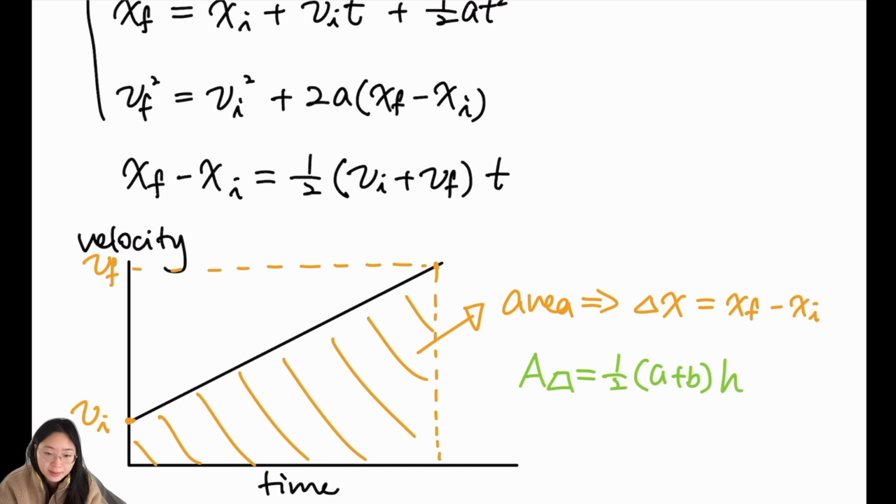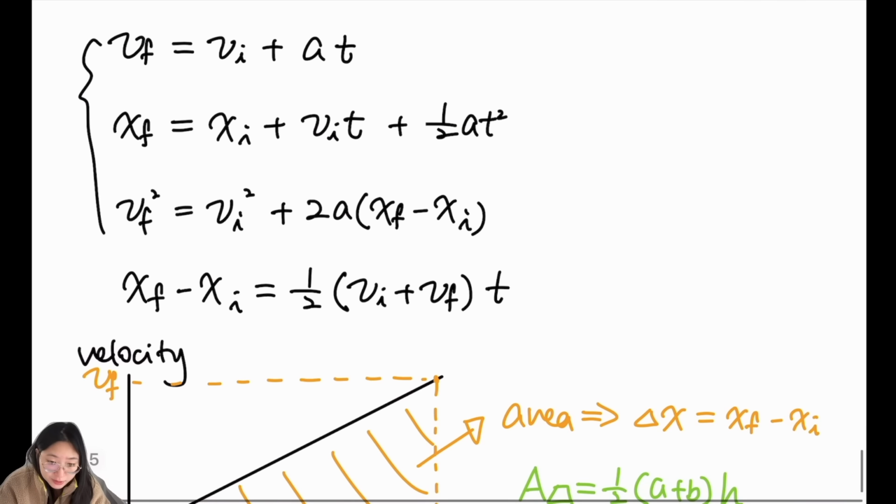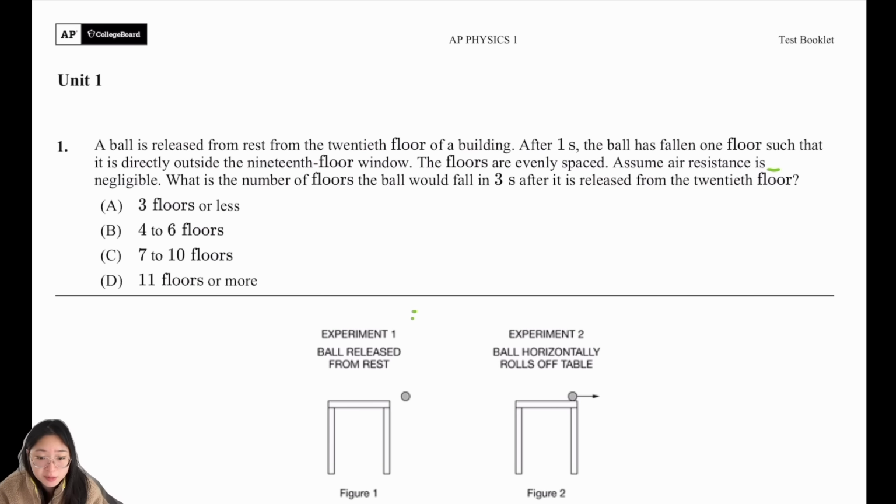That is, 1/2 times the upper base plus the bottom base, multiplied by the height h. A is represented by this part, B is represented by this part. So now I can just plug in V initial and V final, and I get 1/2 times V initial plus V final multiplied by the height, which is time t. This is how you get the very last equation, the 4th equation. Now, let's use this equation and all of these graphs to apply them to actual AP-style questions.